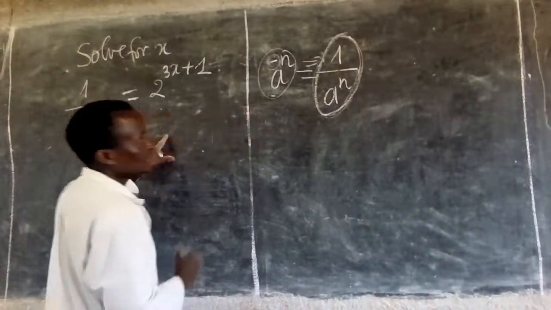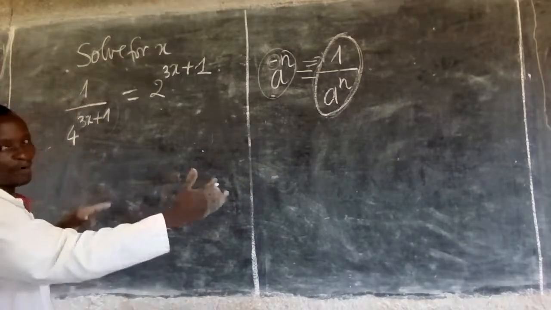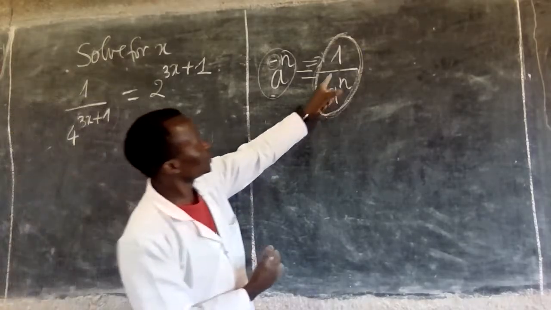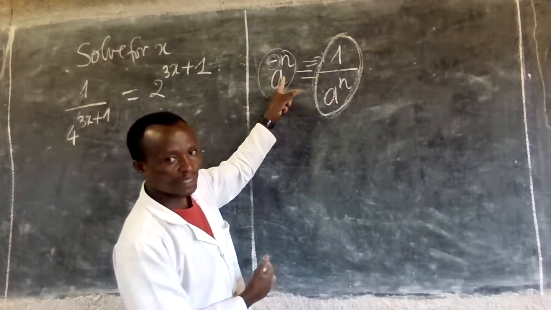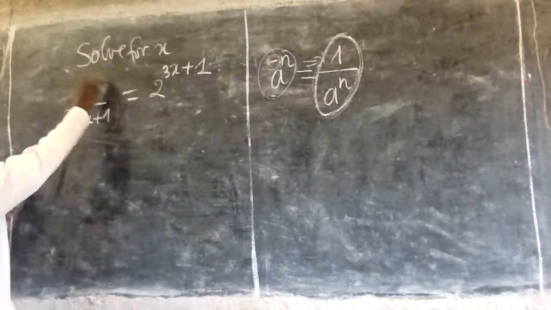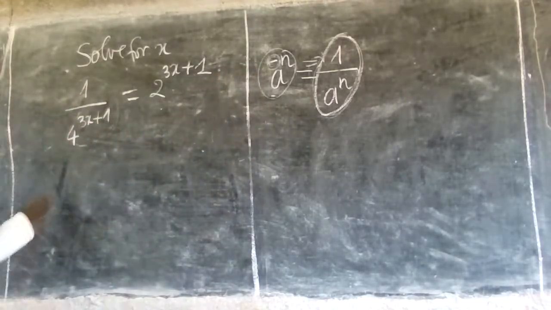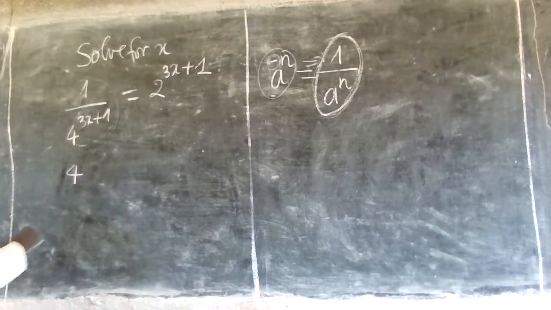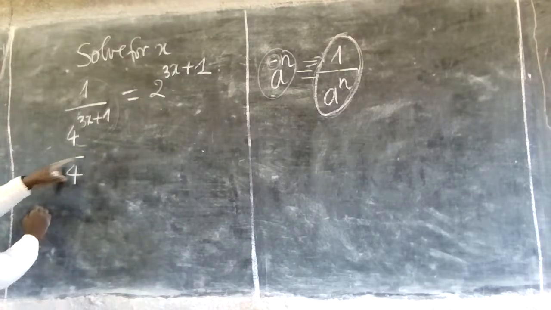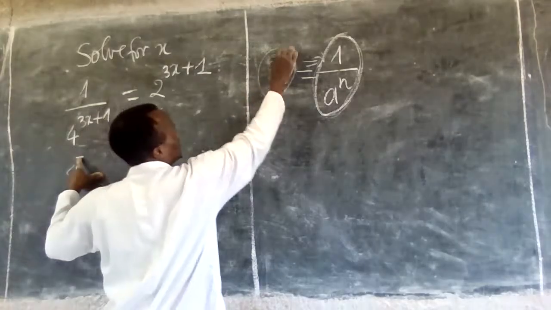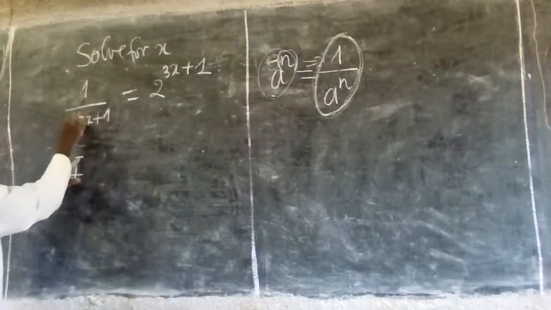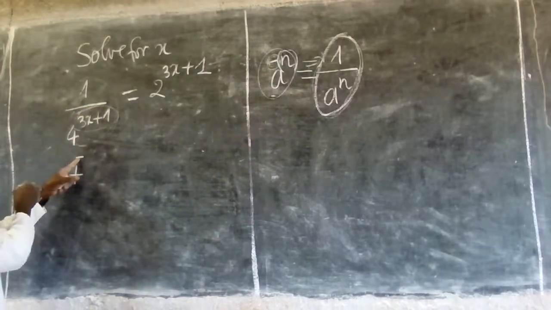Those are somehow similar, but we are going to change this one into this one. It means we are going to change also this one into this one. We remain with 4 power minus n is equal to this power.